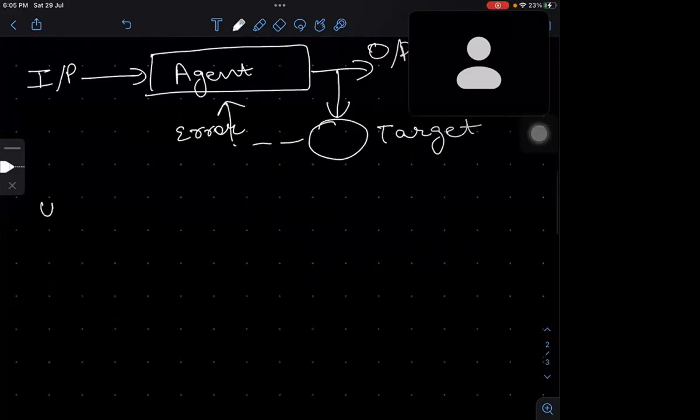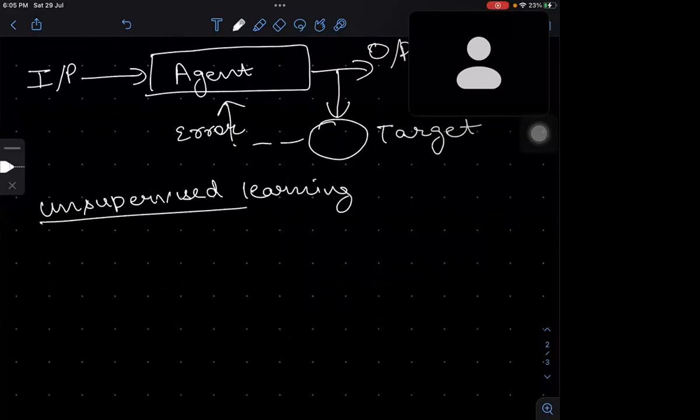Coming to unsupervised learning. Now, can anyone tell me what is unsupervised learning and what is the difference between supervised and unsupervised? Madam, in unsupervised learning, there is no target.